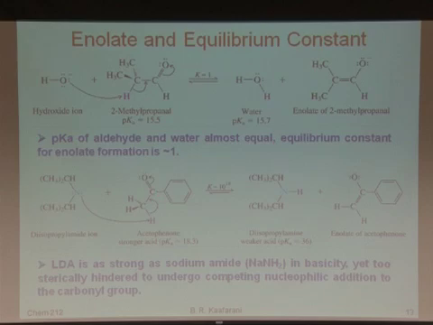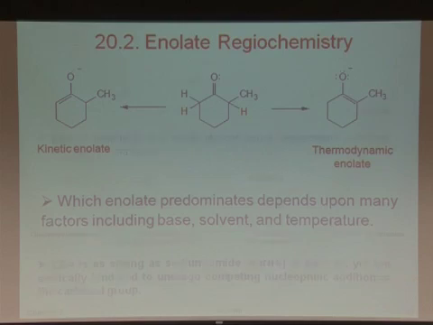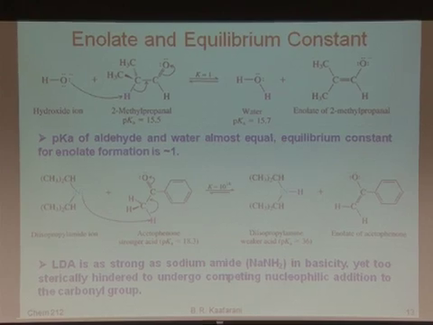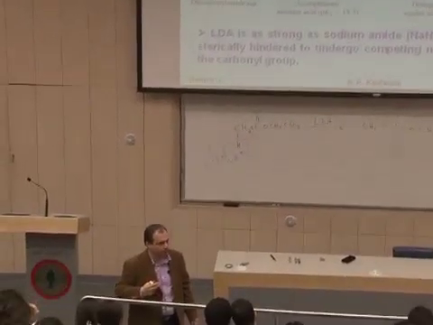Then, when you are forming this enolate and you have the aldehyde in the medium, you are going to get a nucleophilic attack between the enolate and the aldehyde. And that will get you a condensation product that we will call aldol.